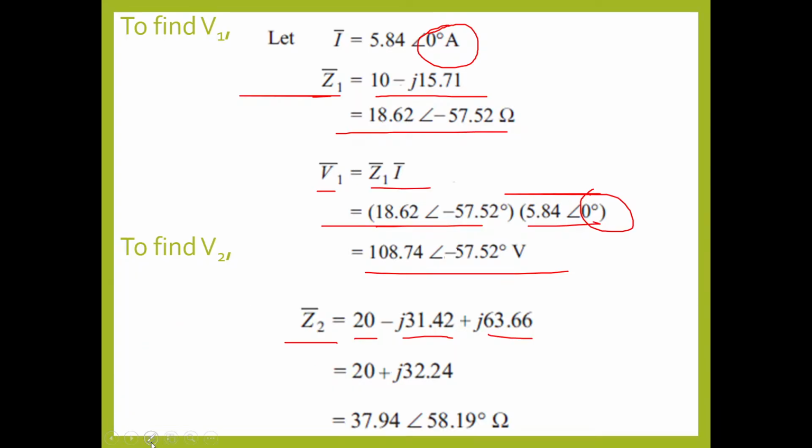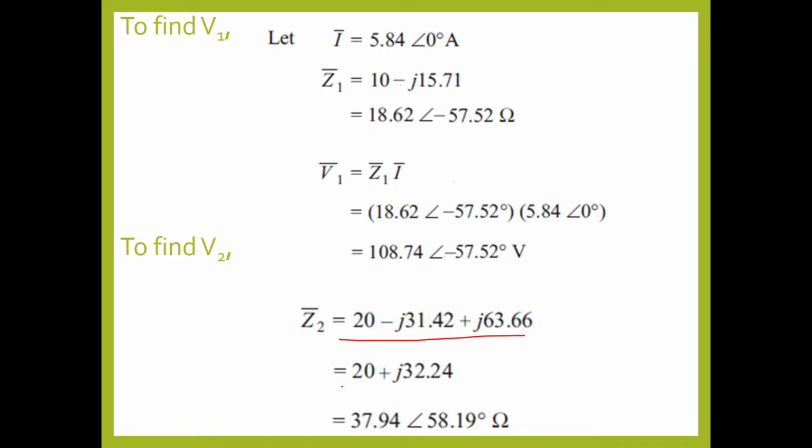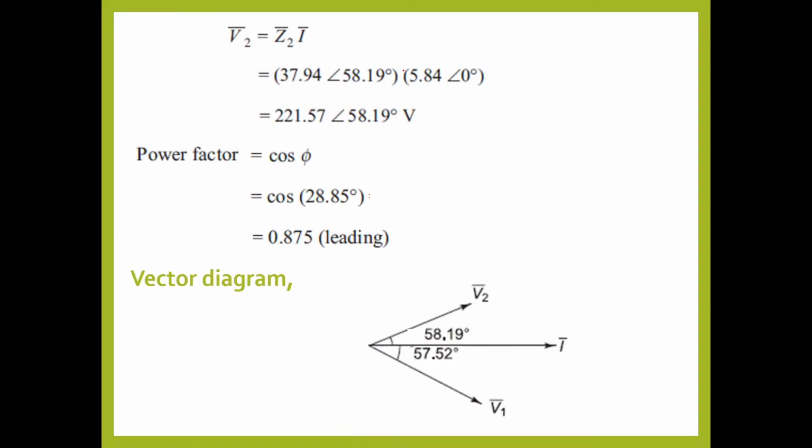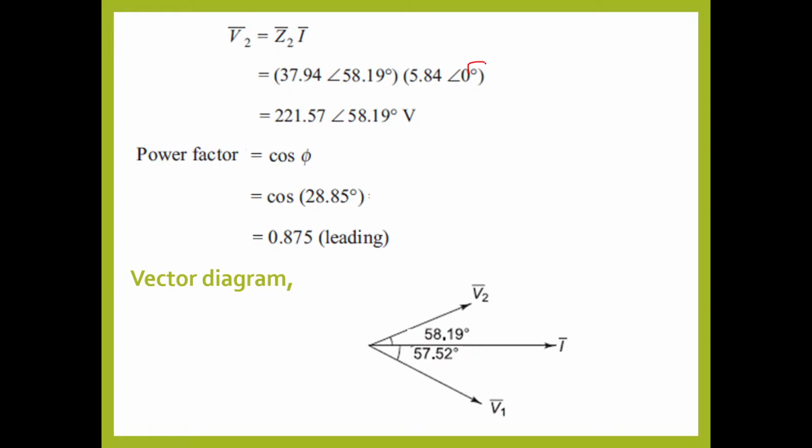So determine Z2 in rectangular form, convert that into polar form, and multiply Z2 with I, and you will get V2. V2 equals Z2 into I. I didn't consider the angle there, otherwise I would have written minus 28.85 degrees.